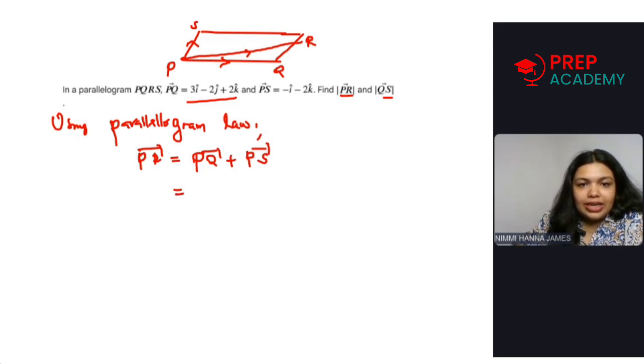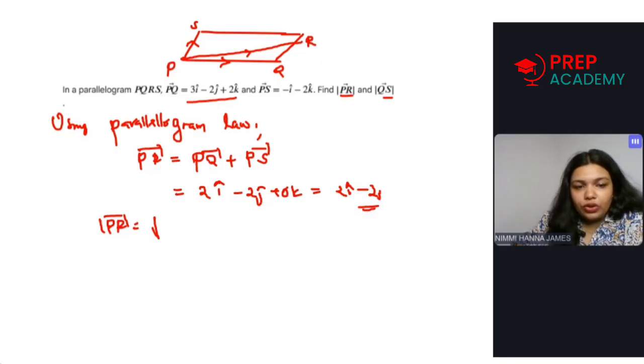So 3 minus 1, 2i; minus 2, here it is 0, so minus 2j; 2 plus minus 2, that is 0k. So 2i minus 2j is the PR vector, and the modulus of PR vector is root of 2 to the 4 plus 4, which is root 8. So it is 2 root 2.